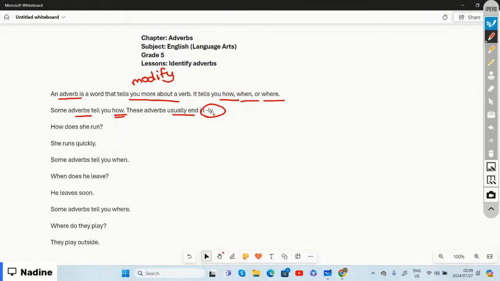And if we look at an example, right? The question is, remember we said adverbs that tell us how, but now the question is, for example, how does she run? So you need to ask yourself, how does she run?